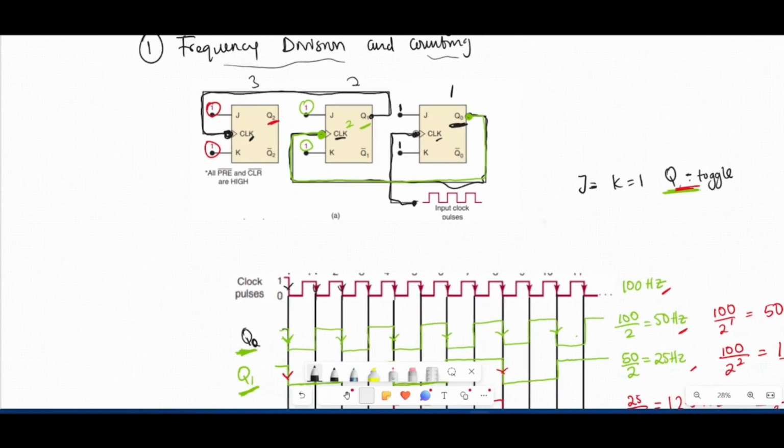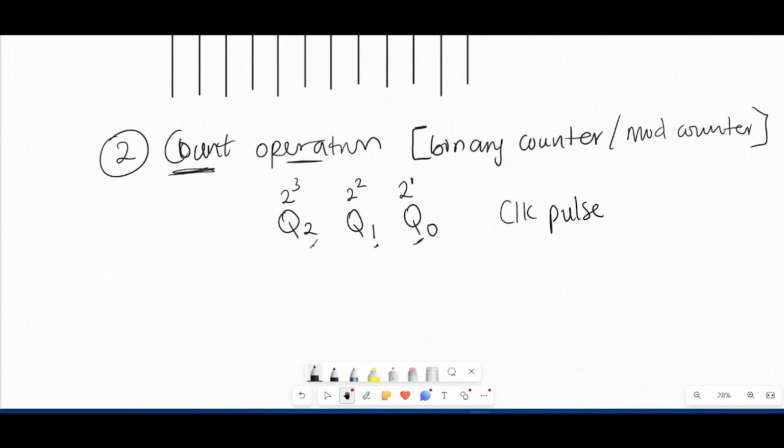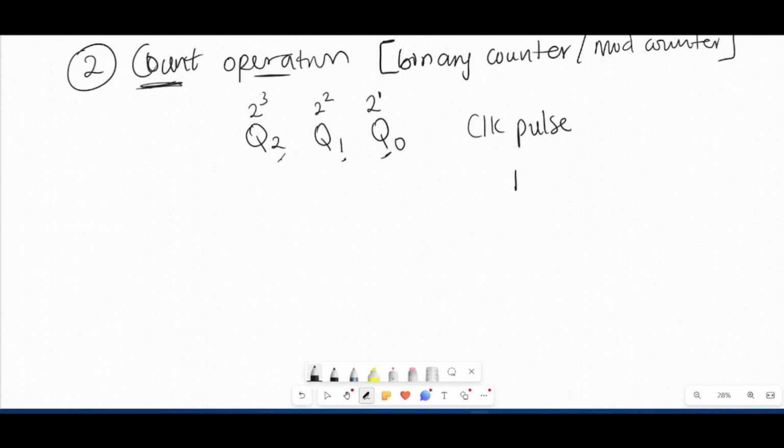Now at the first clock pulse, we're going to have 1 0 0. In decimal, this is 1. In the second clock pulse, we're going to have 0 1 0. In decimal, this is 2. We're going to continue like this till we reach 7 and then we reset.